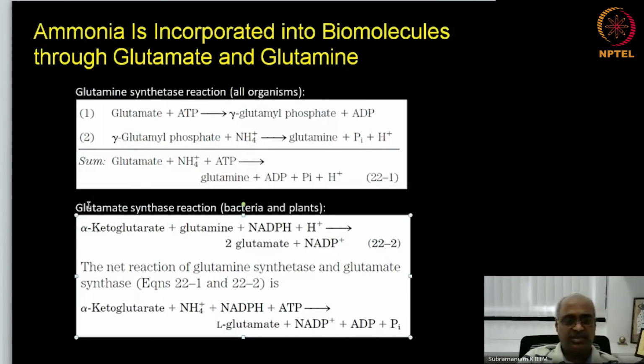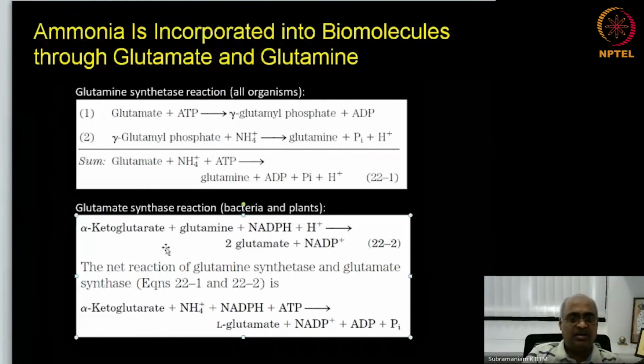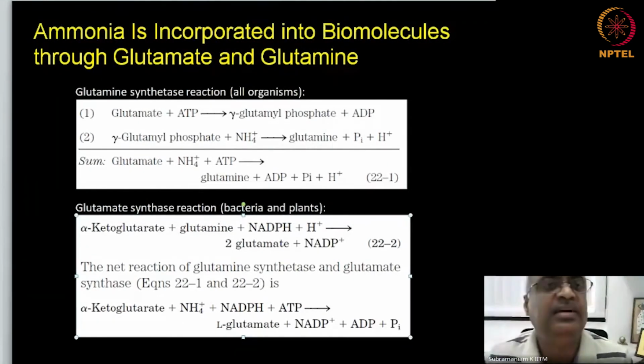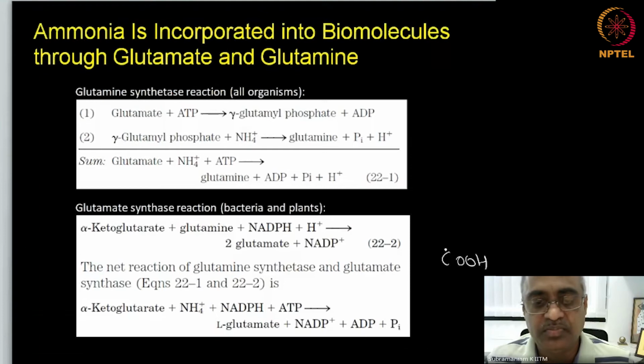The other enzyme, on the other hand, glutamate synthase, is only in bacteria and plants. What it does is a simple transamination reaction. We will discuss transamination reaction in detail when we go into amino acid catabolism. So all you need to know for now is this. I'll just draw that briefly here. If we take, for example, alpha-ketoglutarate, you have a COOH group, and then you have CH2 and one more CH2.